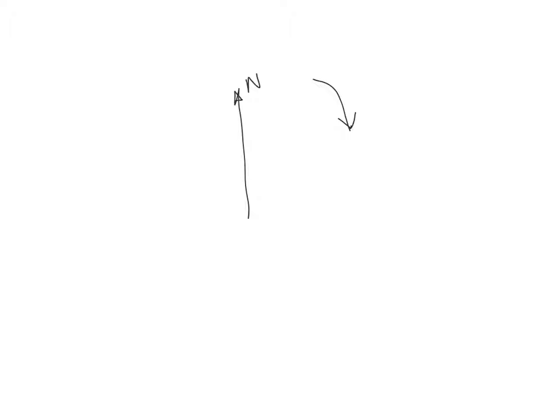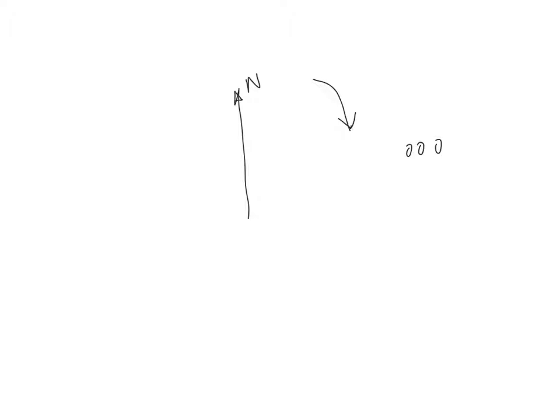True bearings are expressed as 3-digit numbers, including the leading zeros. Now, in this representation, if we want to know north bearing, we are going to represent it with 3 zeros. Remember, in true bearing, we always reference northward direction as the main direction.